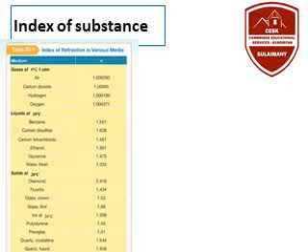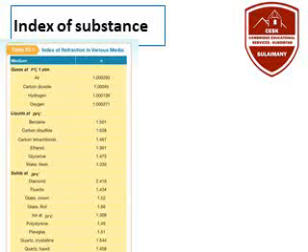Look at gas like air, about 1. But the index in liquid is 1 point something, 1.3, 1.5, more than one. The same in solid. Look at diamond, 2.4. Look at glass, 1.5.